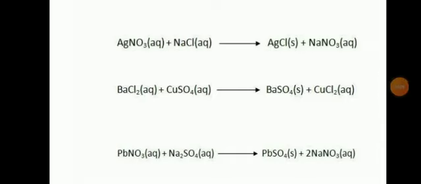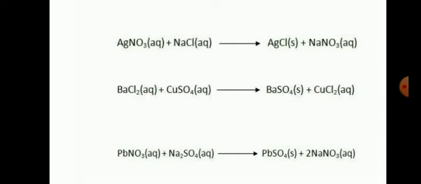So let us see the third example here. Pb(NO3)2, which is lead nitrate, an aqueous solution, on combining with Na2SO4, sodium sulfate, also an aqueous solution, is going to give you the products PbSO4, which is solid in state, and 2NaNO3, an aqueous solution.